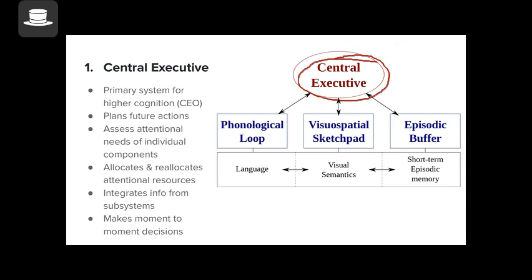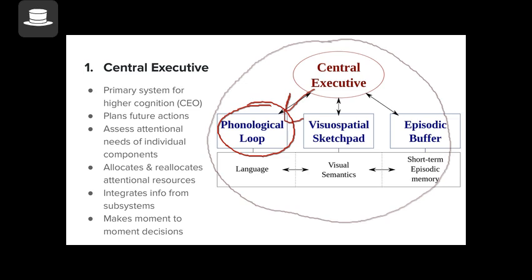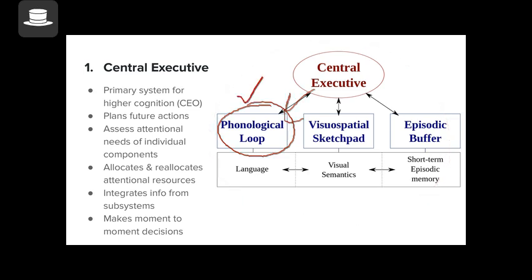It also assesses, remember, it's all about attentional resources, right? Because SAS is an attentional resource as well. So what the central executive does is it assesses attentional needs depending on what you're doing. It assesses attentional needs of individual components, and it allocates and reallocates required attentional resources.